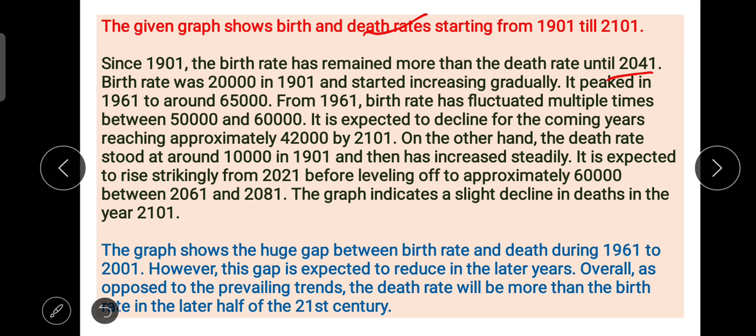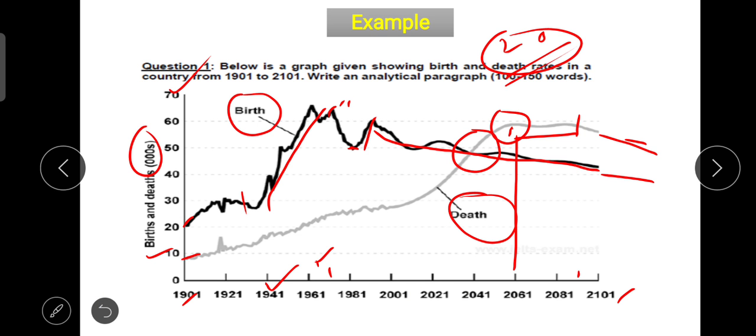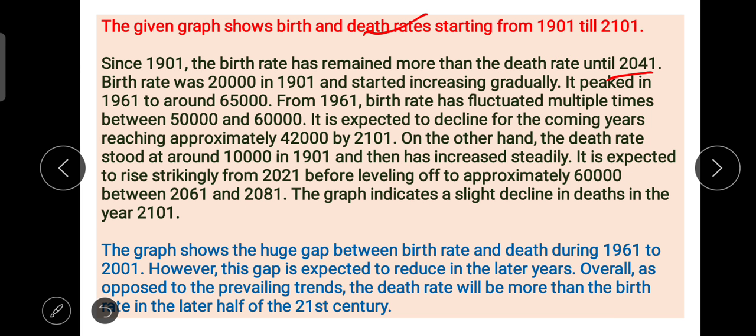From 1961, birth rate has fluctuated multiple times between 50,000 and 60,000. That is birth rate. How does it fluctuate? Let's have an example. From this point to this point, it is fluctuating, sometimes going high, sometimes coming down. So it fluctuates multiple times between these two extremes.